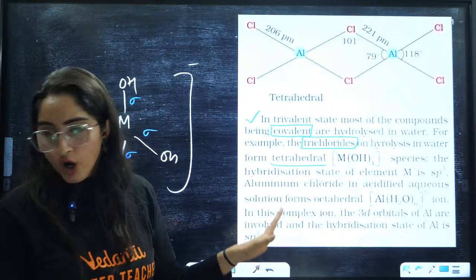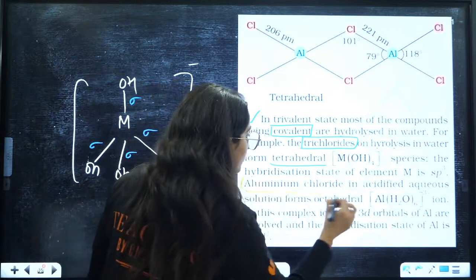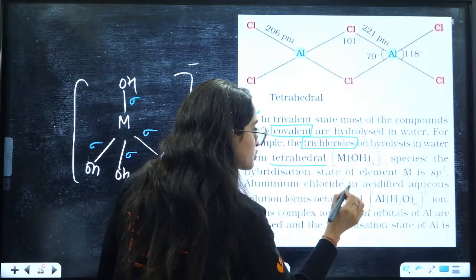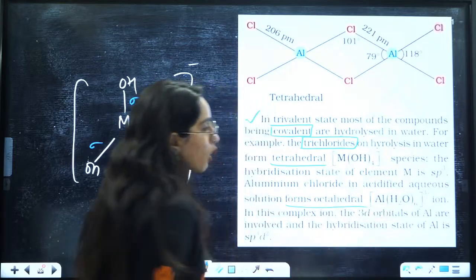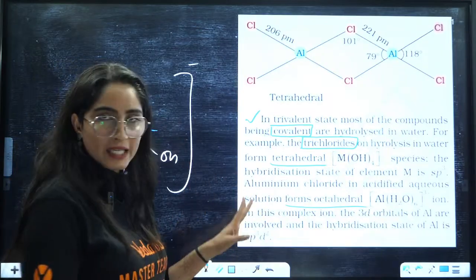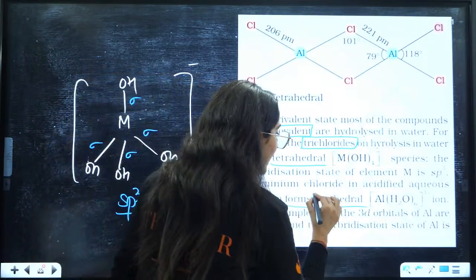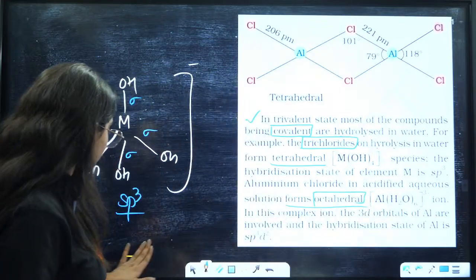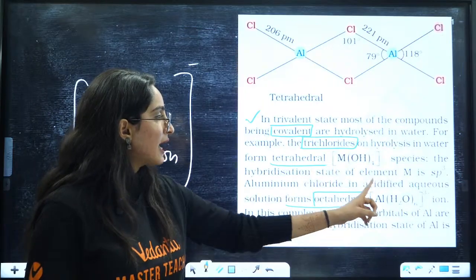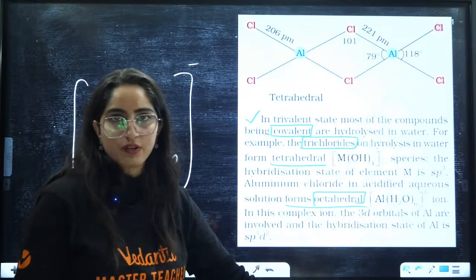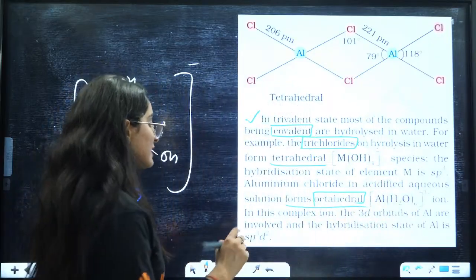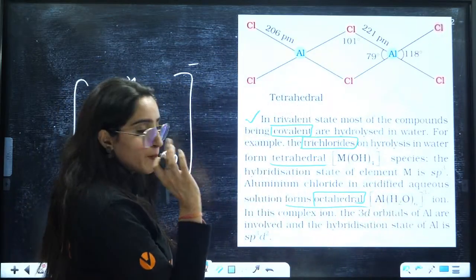If you talk about aluminium chloride in acidified aqueous solution, it forms an octahedral species. This is very important, okay? For aluminium, it forms an octahedral species, where you will have 6 water molecules attached to it, right? It is a coordination compound that it will form.